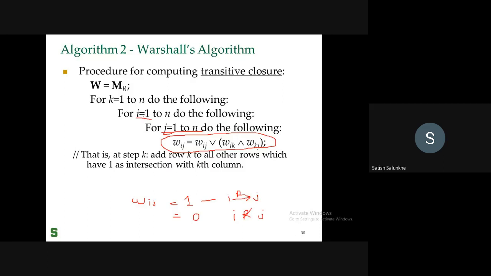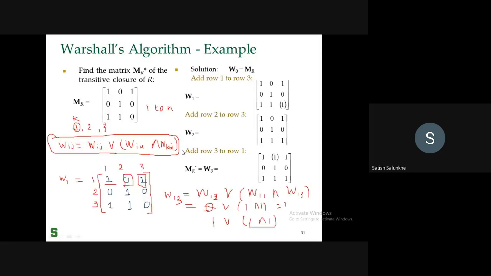Now, you will again repeat for i equal to 2. i equal to 2 means second row and all columns. Likewise, you will repeat for all the rows and all the columns for k equal to 1. Once you finish this, then you will increment your k equal to 2 and you will redo this step again. This is what we are doing in this.